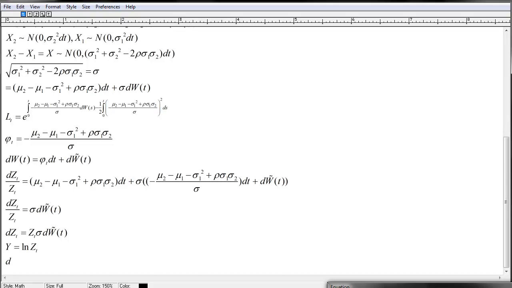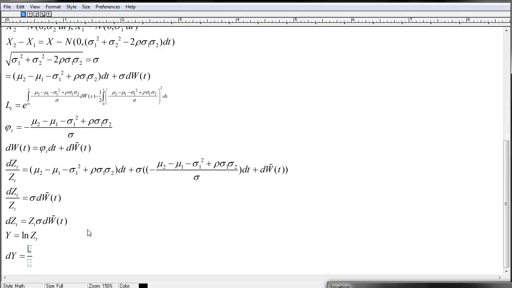Okay, and the differential of y according to Ito's lemma will be the partial of y with respect to Z(t) times dZ(t) plus the partial of y with respect to t times dt plus 1/2 second partial with respect to Z squared times this term squared, the differential of quadratic variation.